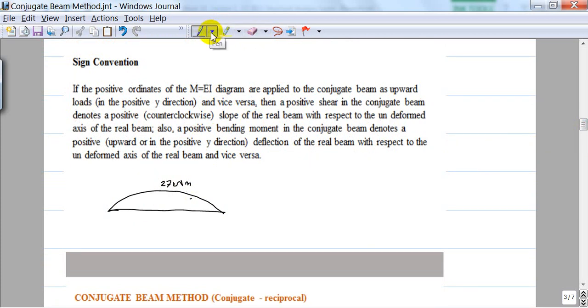From the bending moment diagram, if I plot the M over EI diagram, it's going to be on the same side.